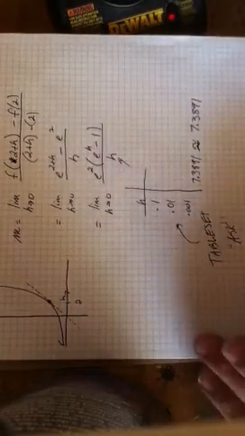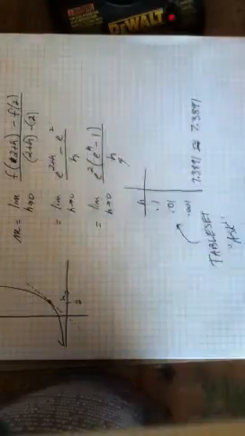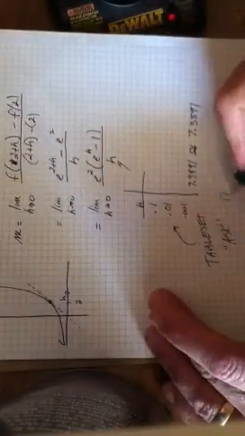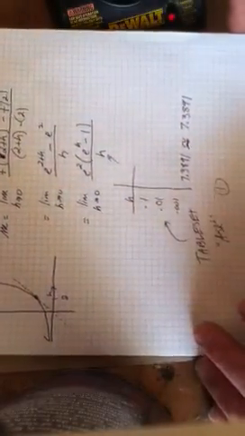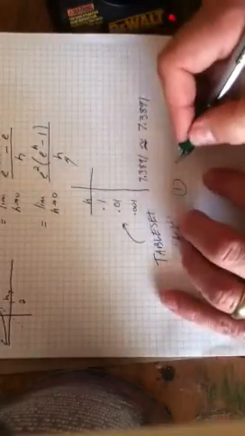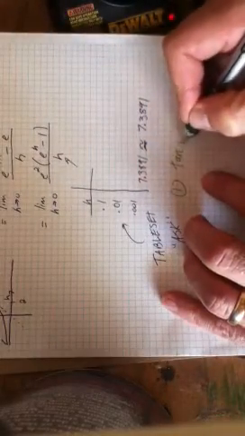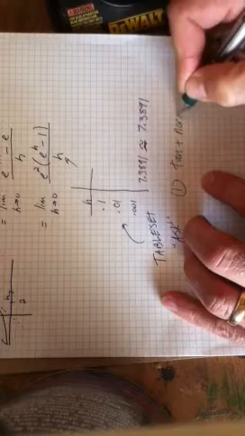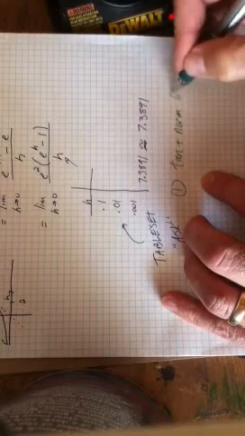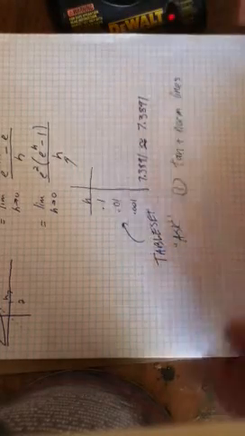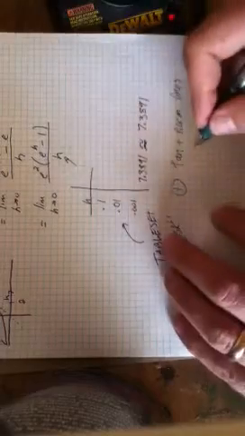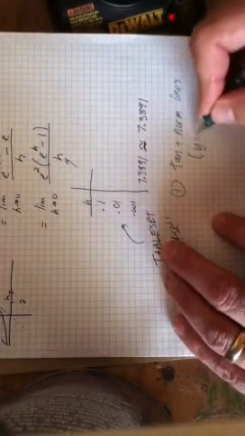Two problems for you to try from here, two exercises for you to think about. One, find the tangent and normal lines. Those are y equals mx plus b lines. This should be pretty easy.